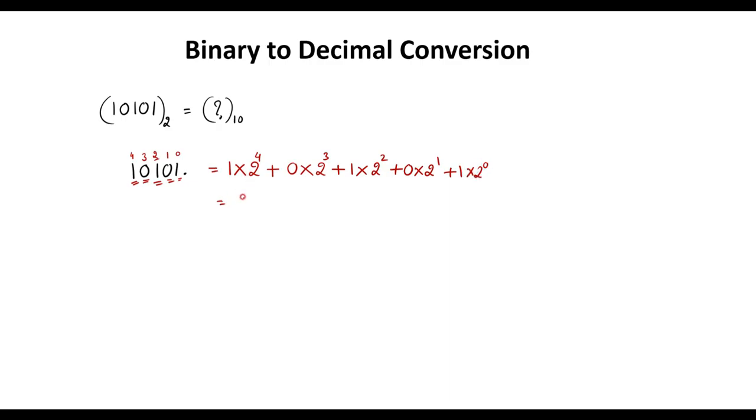Let me simplify this. This is 16, this will be 0, plus this will be 4, this will be 0, and this will be 1. If you do this operation, 16 plus 4 plus 1, which is nothing but 21. So this 21 is in decimal. Therefore we can write 10101, which is in binary, the equivalent decimal number is 21.